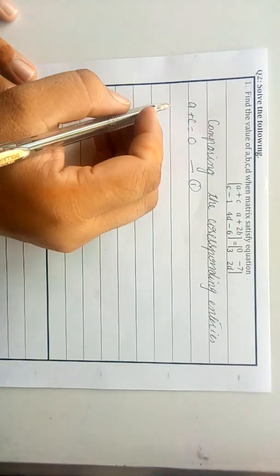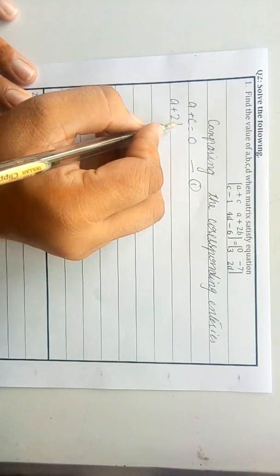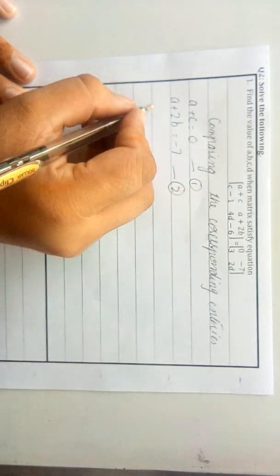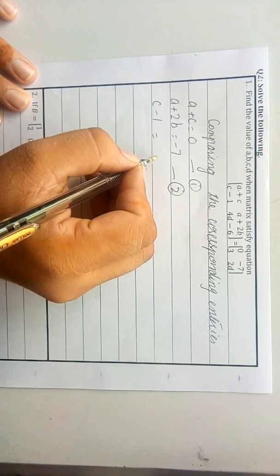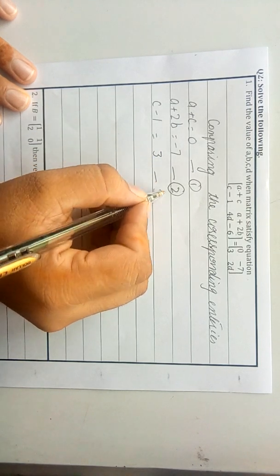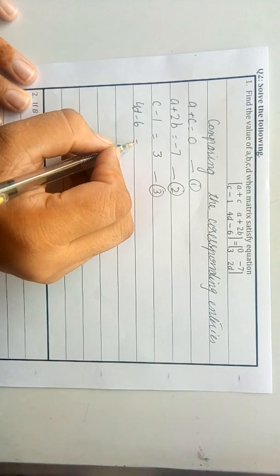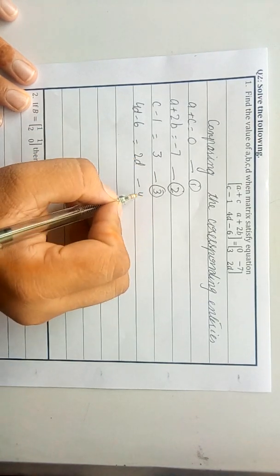A plus 2b is equal to minus 7, equation 2. C minus 1 equals to 3, equation 3. Next, 4d minus 6 equals to 2d, equation number 4.